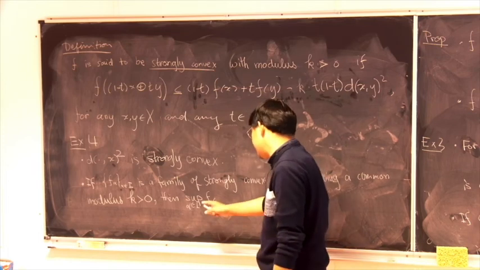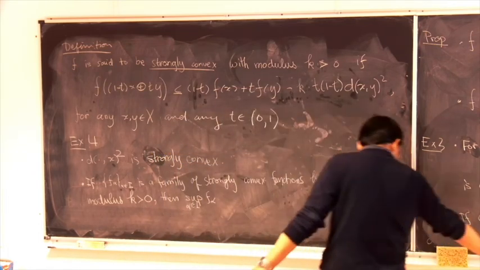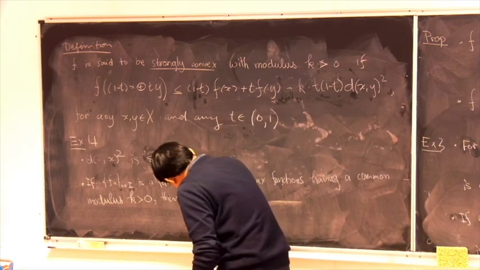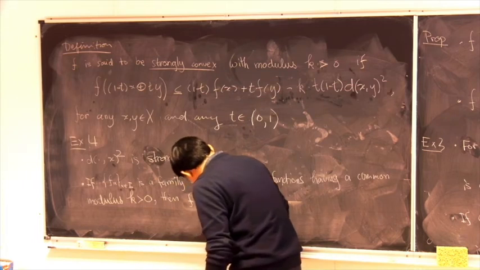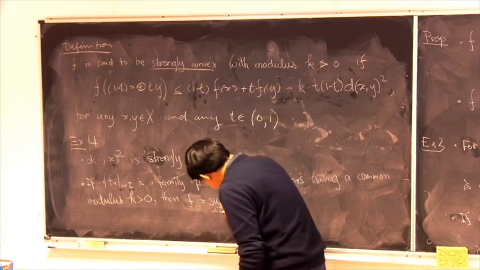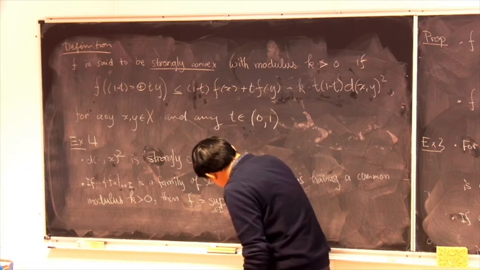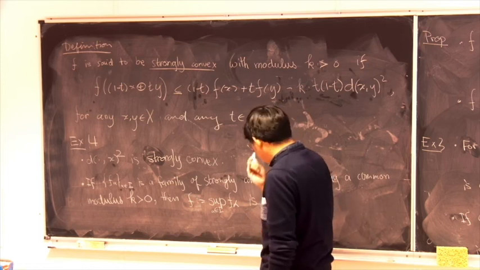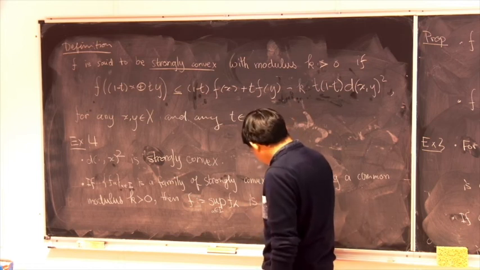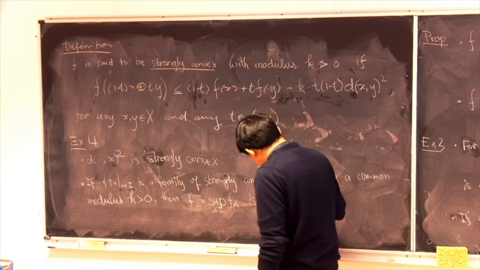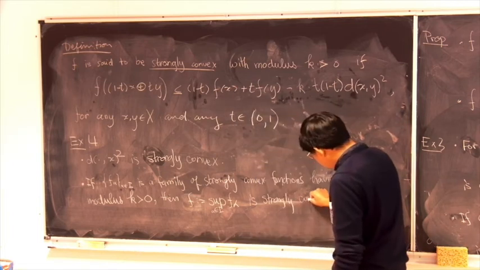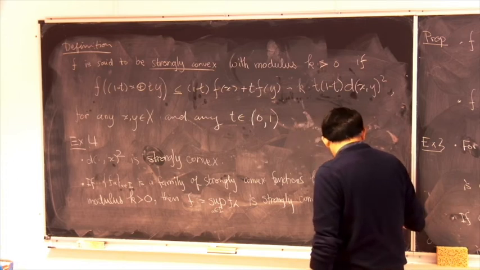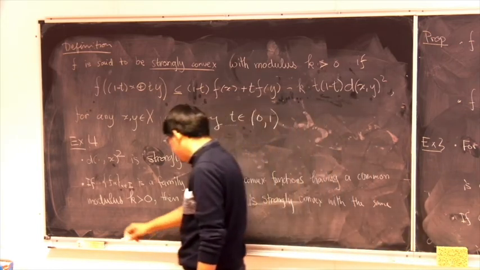The function f defined by the supremum is strongly convex, with the same modulus k.